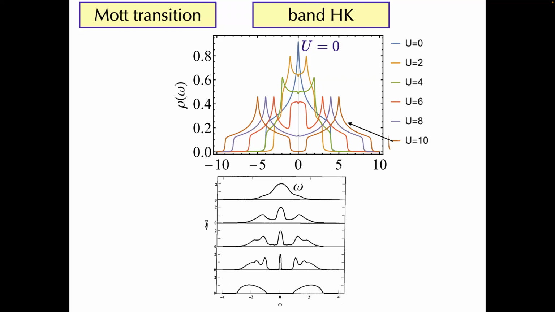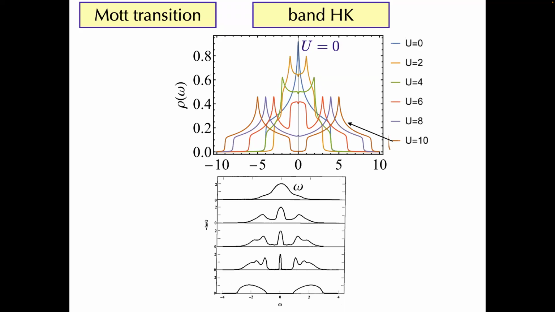Yes. Here? Yeah. It's just that it's not universal. I'll show you generalizations in which this is not there. This is just in this simplest vanilla version of the HK model.